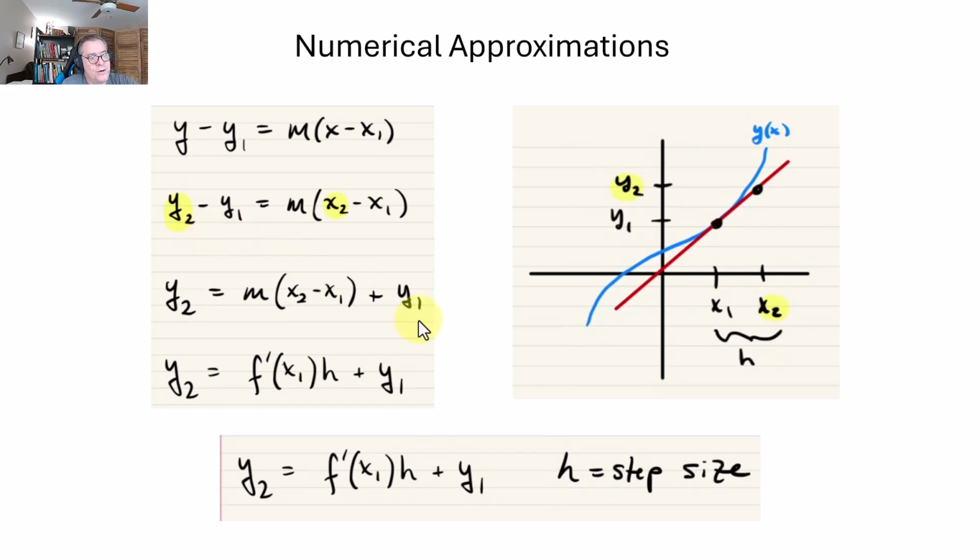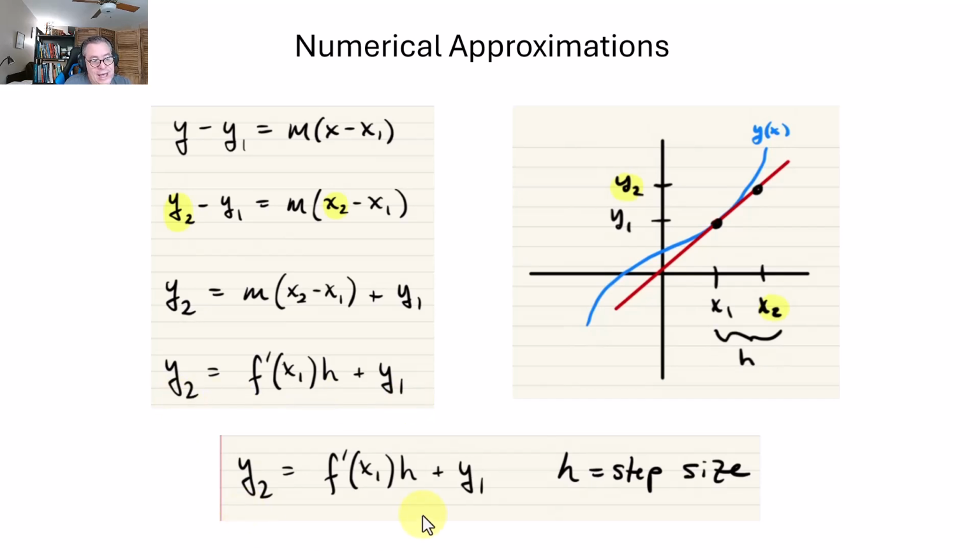I'm going to add y1 to the other side of the equation here, and now I have an expression that identifies that second point. When I plug in x2, I can find the second y value based on the tangent line there. Of course, if I have a derivative for the solution, here I have it written as f prime at x1, that's the slope of the tangent at x1. I'll multiply that by h, where h is the step size, and then add to the previous y value, in this case y1, and it gives me y2.